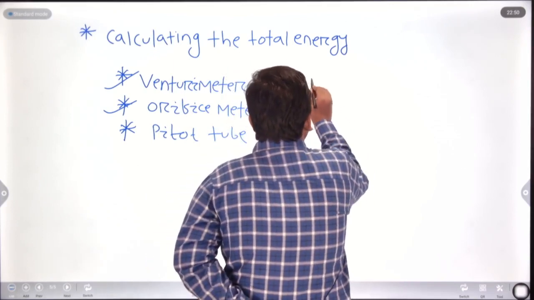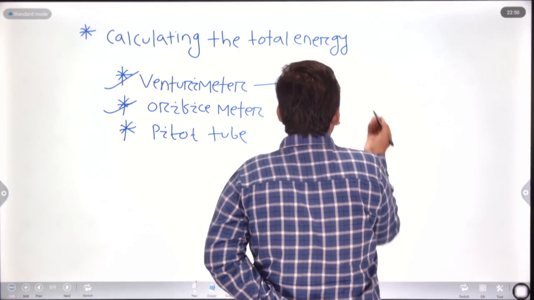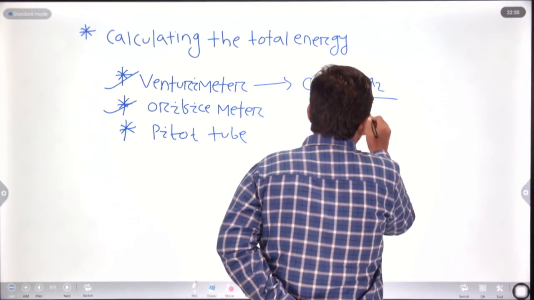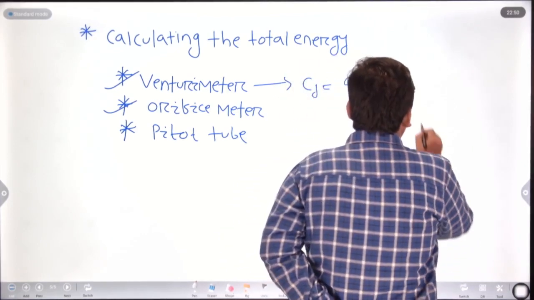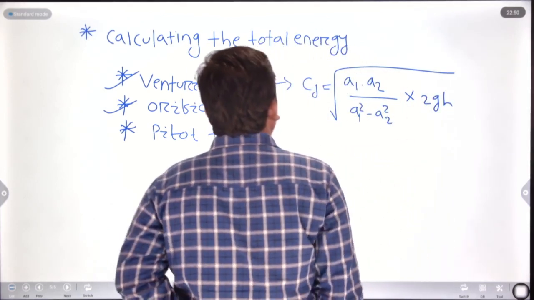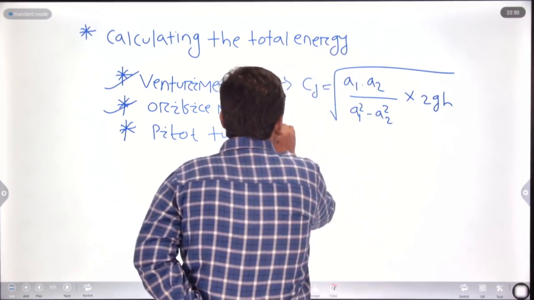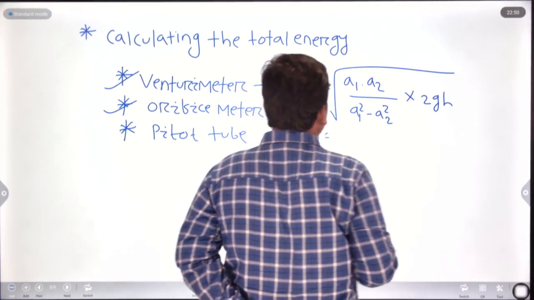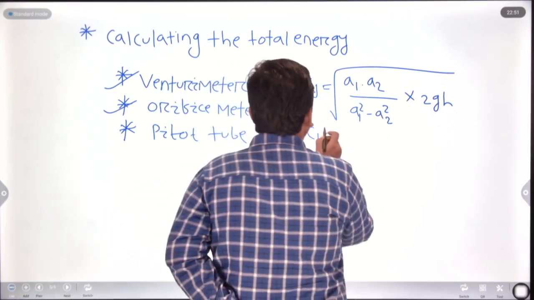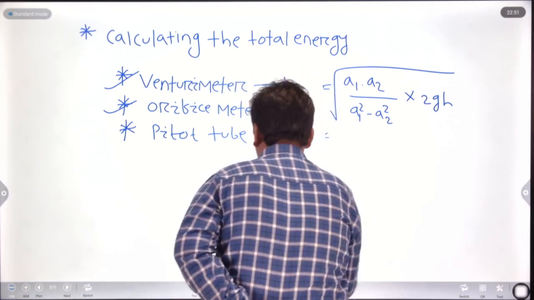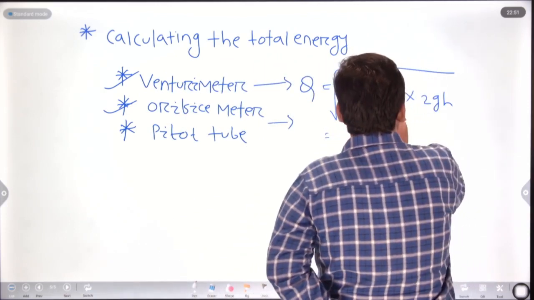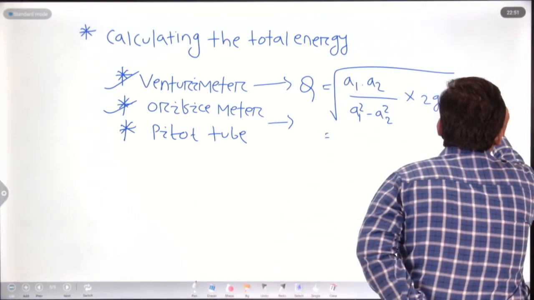Mathematically, for venturimeter, the discharge Q is equal to A1 into A2 divided by the square root of A1 squared minus A2 squared, into the square root of 2gh, into CD.